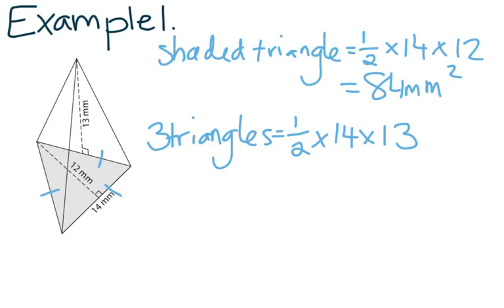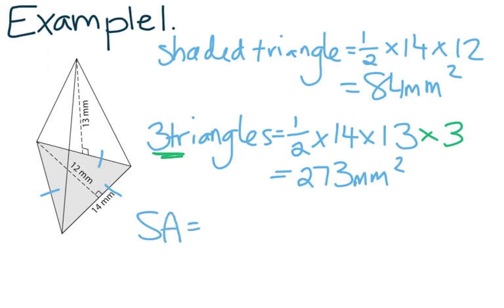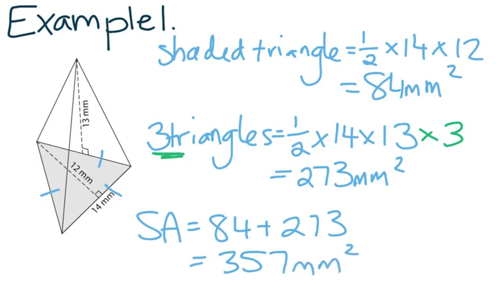We multiply that by 3 because there's 3 of those triangles, and we get 273 millimeters squared. So the total surface area of this pyramid would be 84 plus 273 to give us 357 millimeters squared for the surface area of that shape.